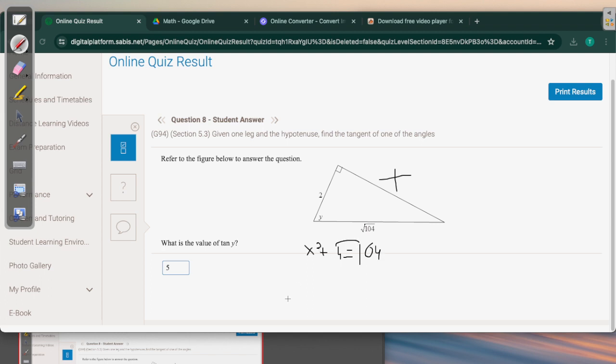So you take the 4 to the other side, x squared is 100, x equals 10. Okay, so our side here, we change this. Our side is now 10. So tangent is the opposite over the adjacent. So 10 over 2, so tan of y is 5, and that is your answer for question 8.